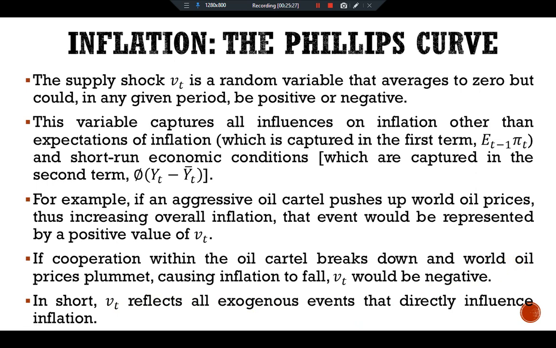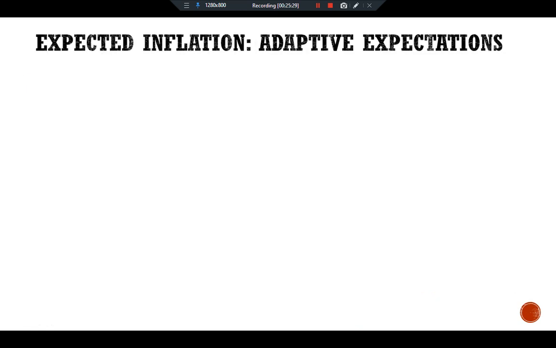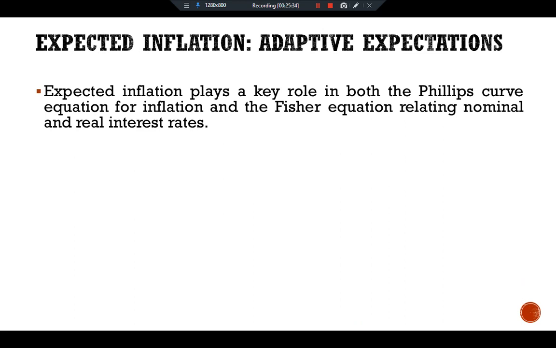Okay, moving towards the fourth equation, that is the expected inflation, adaptive expectation. Expected inflation plays a key role in both the Phillips curve equation for inflation and the Fisher equation relating nominal and real interest rates.